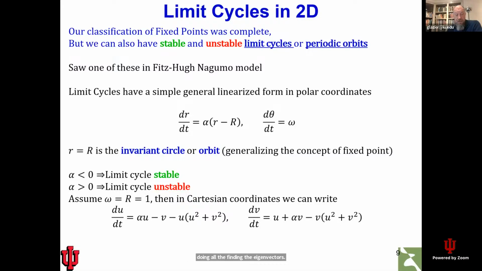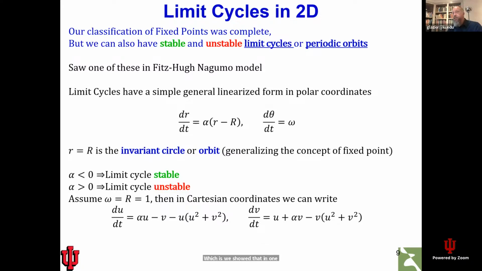Now, this idea of a spiral introduces us to what are called limit cycles. If we have a fixed point, what happens? But there's an additional complication in 2 and higher dimensions, which is we showed that in 1 dimension, you can't have oscillations.